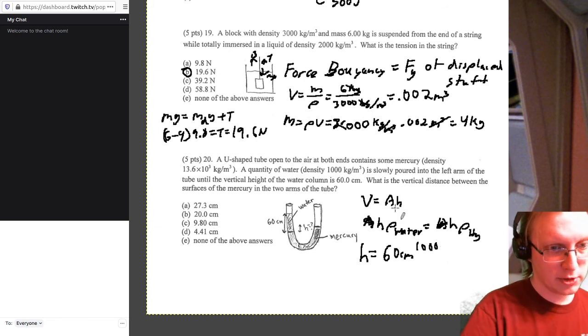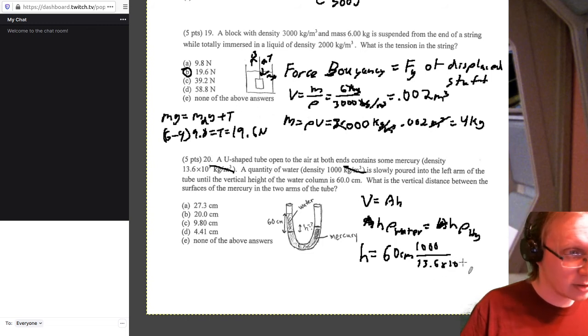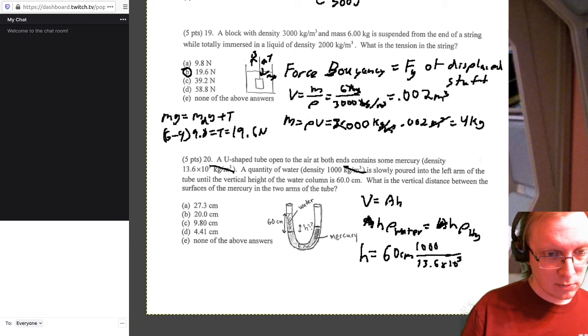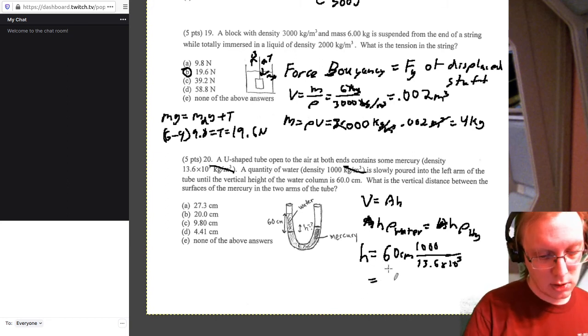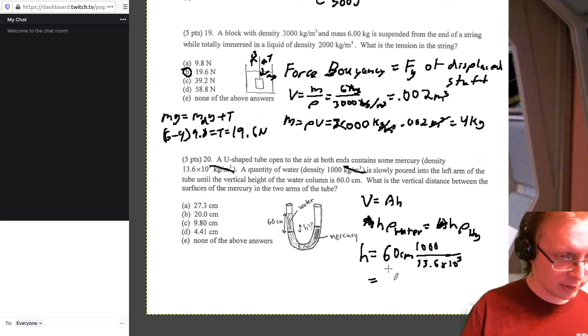The units of the densities are the same, so they cancel. Density of mercury is 13.6 times 10 to the 3. And that is equal to 60 times 1 divided by 13.6, which is 4.41.